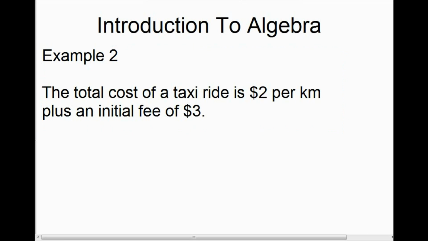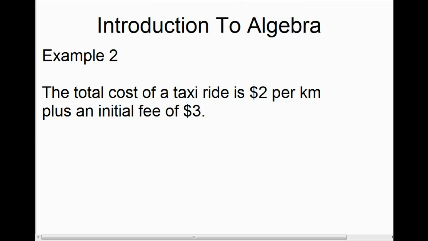So here's another example of a situation where we have a couple of pieces of information that vary, and there is a mathematical relationship here. So we have the total cost of a taxi ride, and usually when you get into a cab or a taxi, you start off with an initial fee.